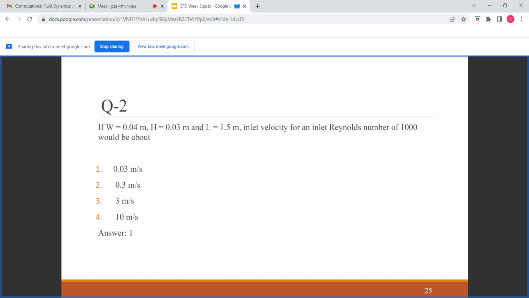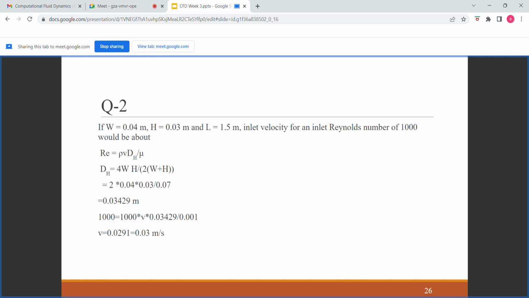This is the rectangular duct problem. Normally for a circular duct, we use the Reynolds number as rho v d by mu, where d is the diameter of that duct. But in a rectangular duct, we need to calculate the hydraulic diameter, which is 4 times the cross-sectional area of the flow divided by the wetted perimeter.